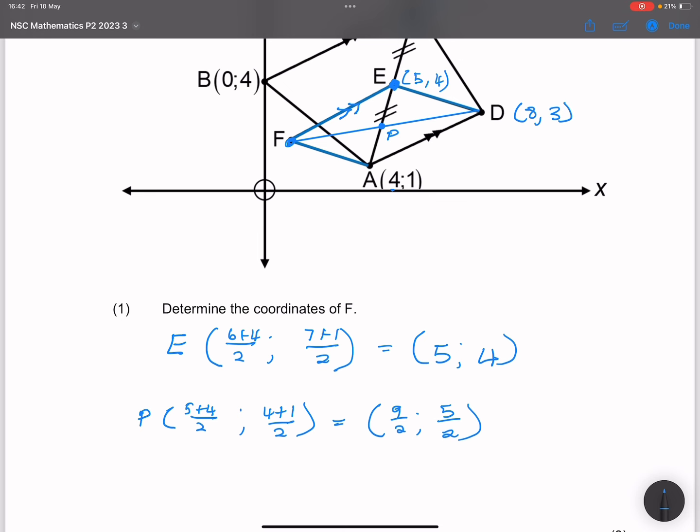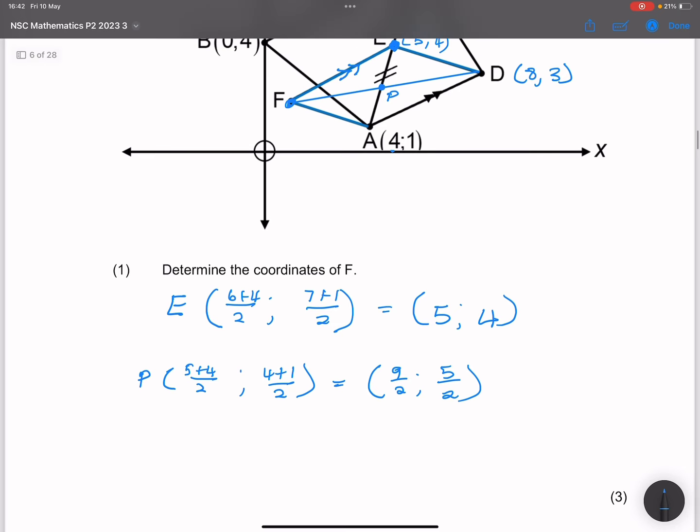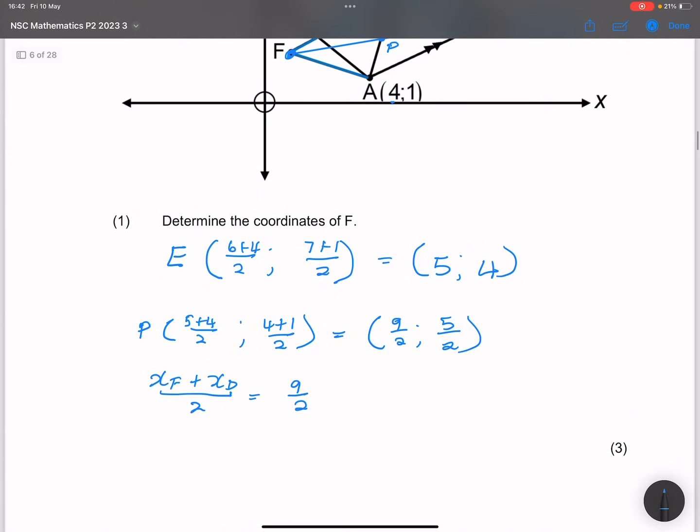But I know that midpoint P would also be the midpoint of the line FD, right? So if I take the x value of F plus the x value of D, divided by 2, that should give me the x value at P, that midpoint, which is 9/2. Okay, so let's find the x value at F. I'm going to do the same thing for the y value.